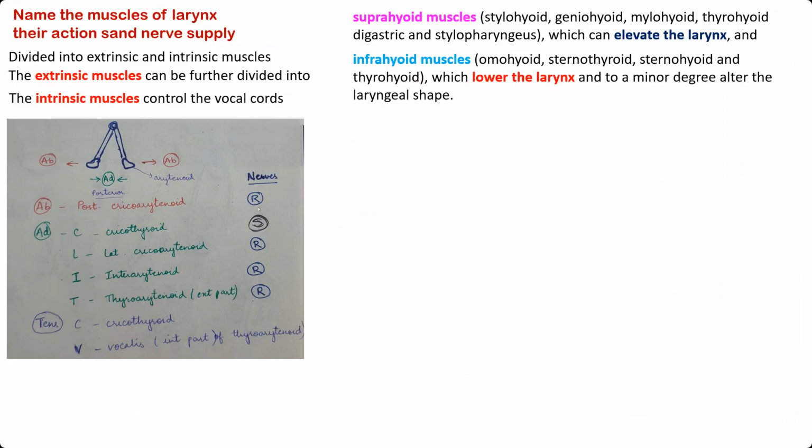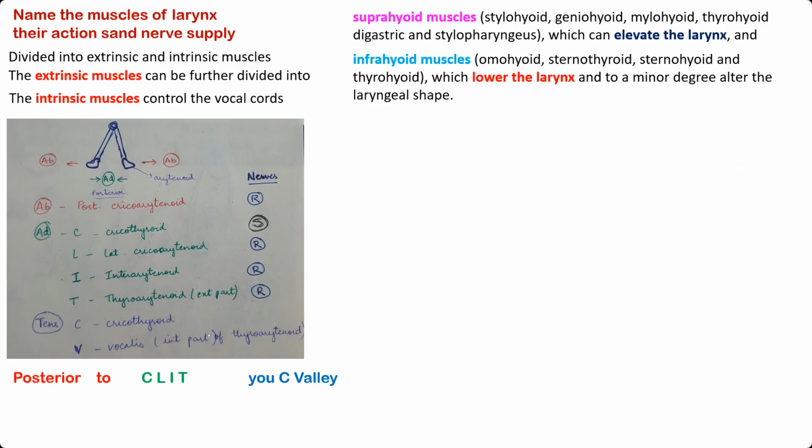Okay, so the only muscle supplied by the external branch of the superior laryngeal nerve is cricothyroid. All the other muscles are supplied by the recurrent laryngeal nerve. So you have three groups of muscles: the only abductor, posterior cricoarytenoid, and 4 adductors and 2 tensors, as well as part of adduction also cricothyroid.